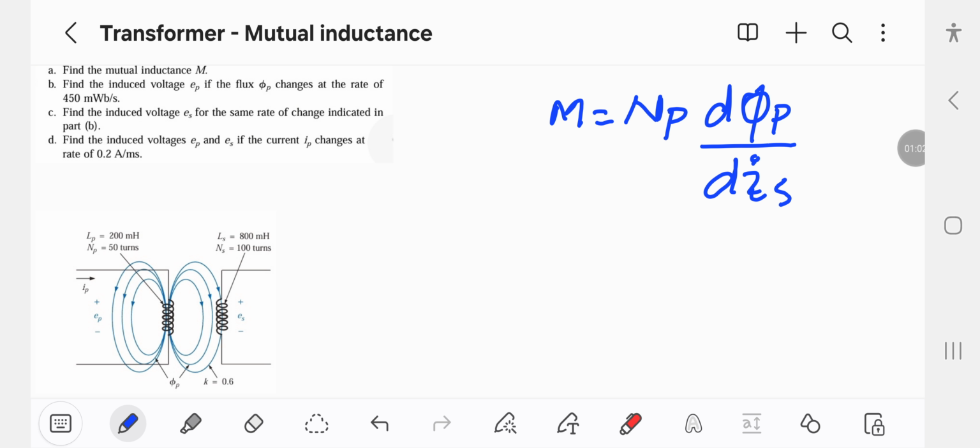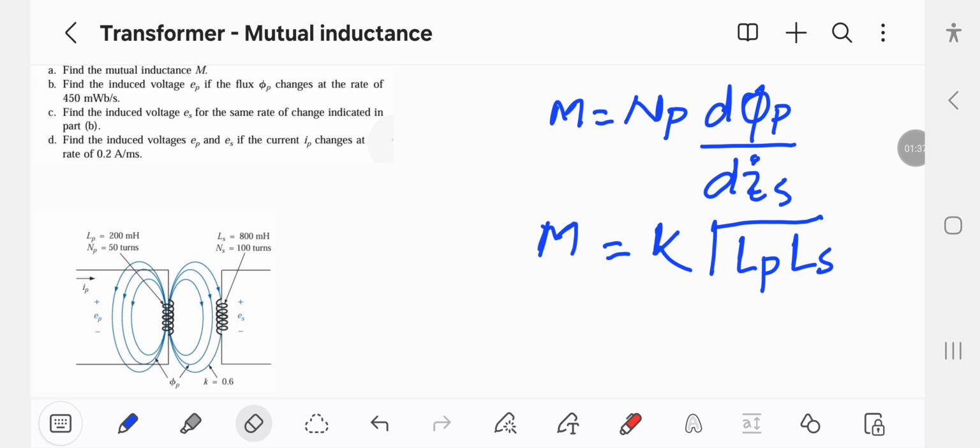Now this formula can be used to find the mutual inductance, but here for our simplicity and for the data given in this problem, we can easily use this formula: coupling coefficient and the product of inductance of a primary coil and secondary coil.